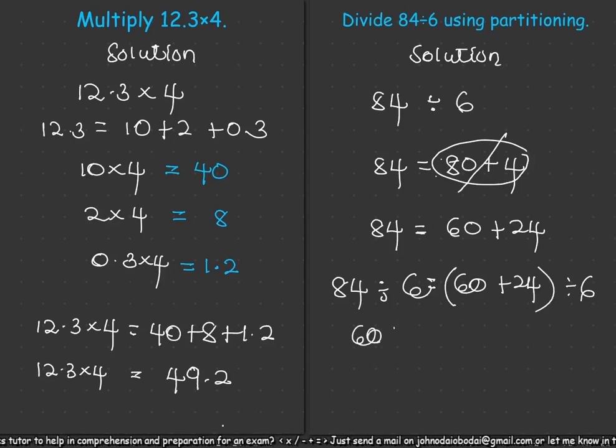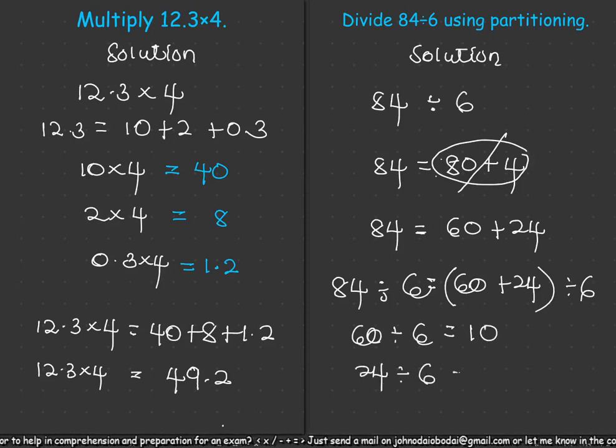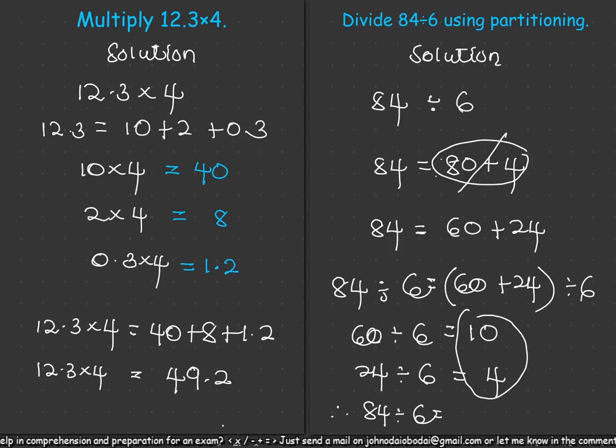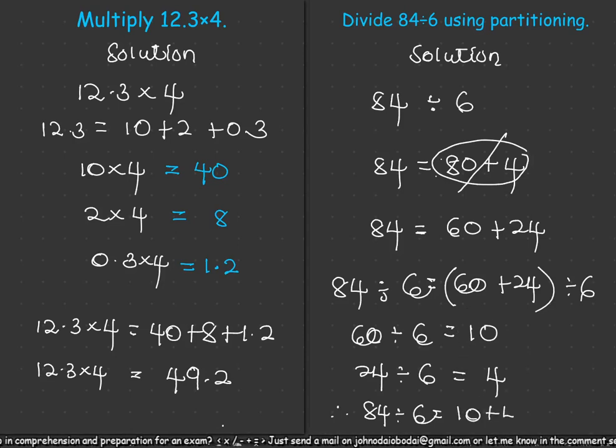So 60 divided by 6, we know our answer to be 10. Then for 24 divided by 6, our answer is 4. So it simply means that 84 divided by 6 is the sum of these two answers, 10 plus 4, which gives us 14.